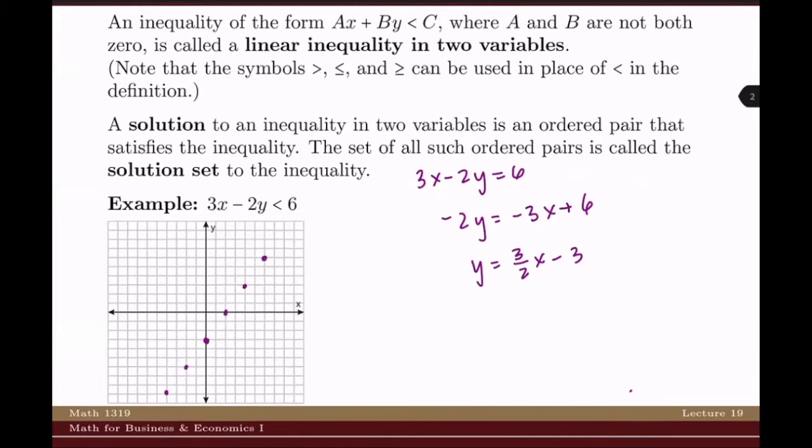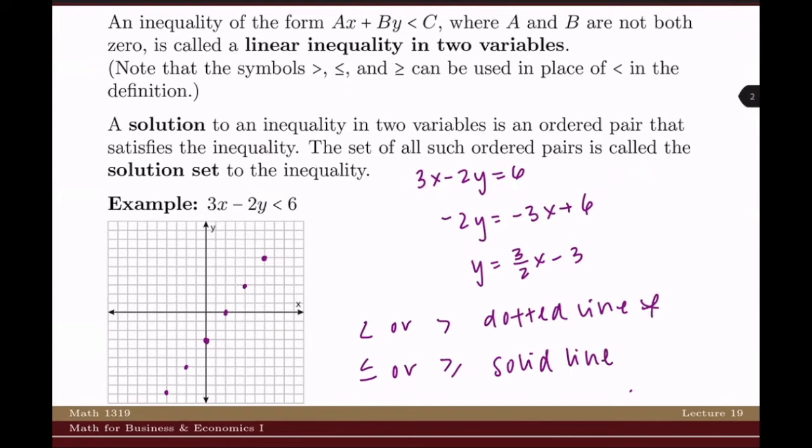So when you have either less than or greater than, you're going to draw a dotted line. And if you have less than or equal to or greater than or equal to, you're going to draw a solid line. So since we have strictly less than in our original inequality, we're going to draw a dotted line instead of a solid line. So it'll be like this.